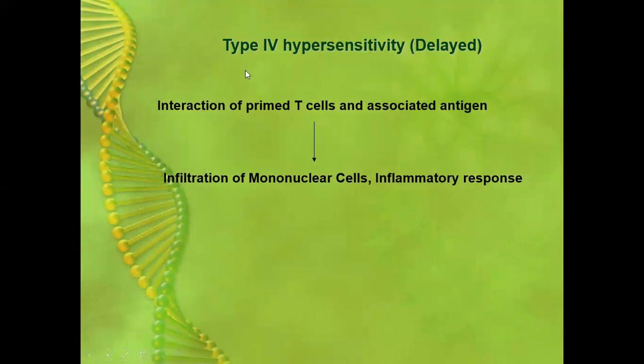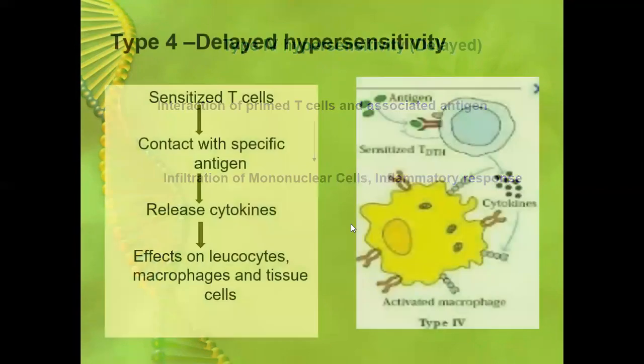Next, type 4 hypersensitivity reaction, also known as delayed type, depending upon the time period taken for the development of the reaction; it is also known as delayed hypersensitivity reaction. Here, the interaction of primed T cells, that is the sensitized T cells, and associated antigen leads to the infiltration of mononuclear cells, and that causes inflammatory response.